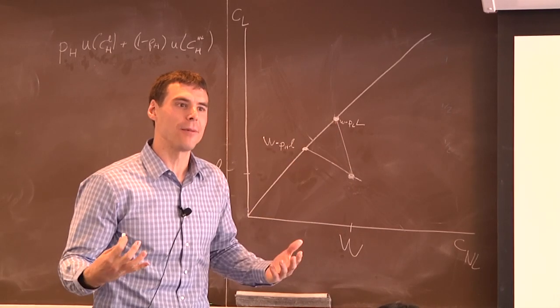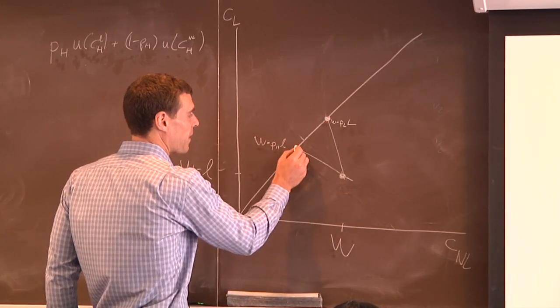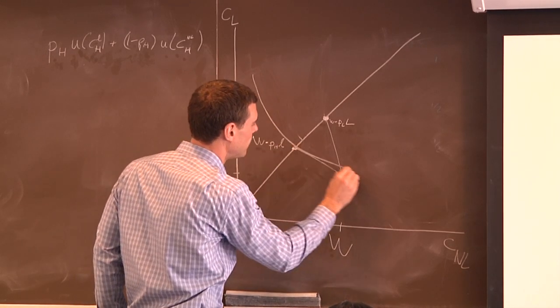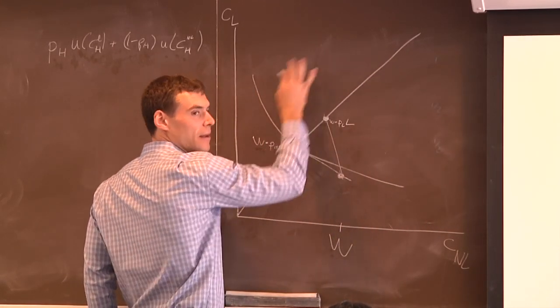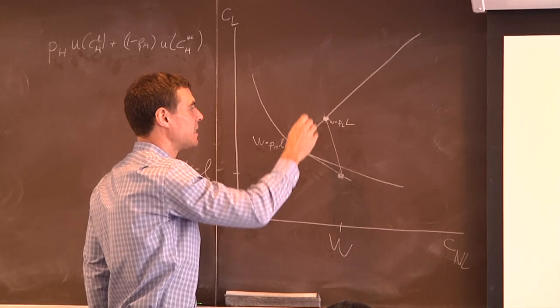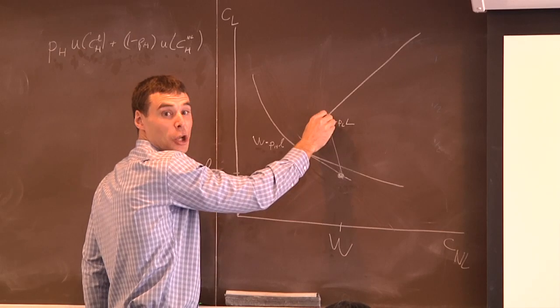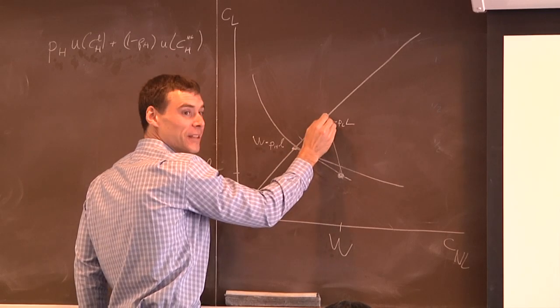But the fundamental problem is, if you were to offer this consumption bundle, let's plot the indifference curves of this high-risk guy. This guy would like any contract that you put in this region of the graph. And so if the insurance company said, okay, I'll offer you this contract, this guy would say, I'll take it too. Right? And so you can't offer this contract.